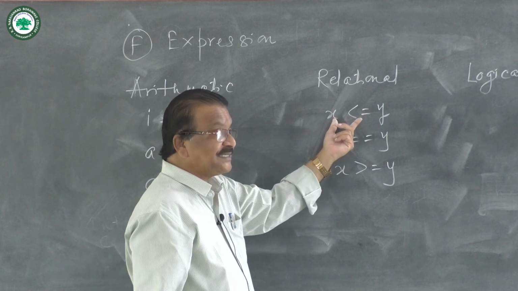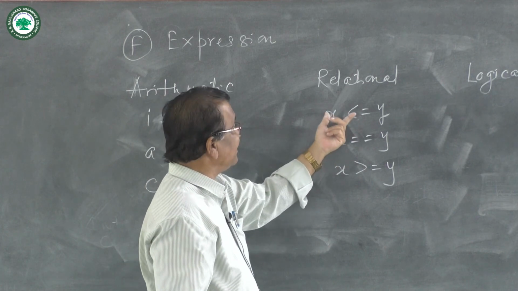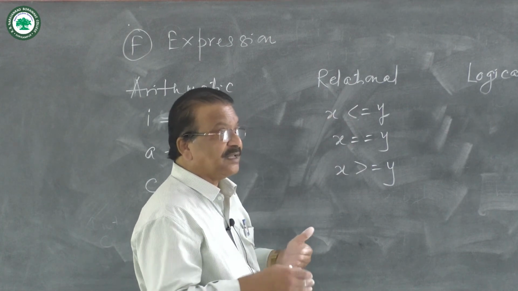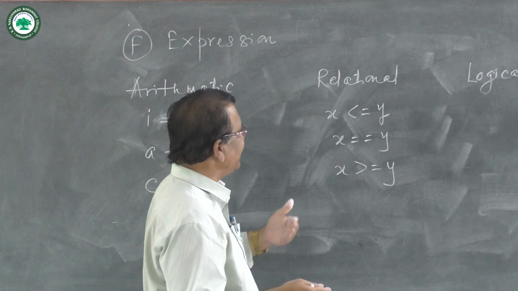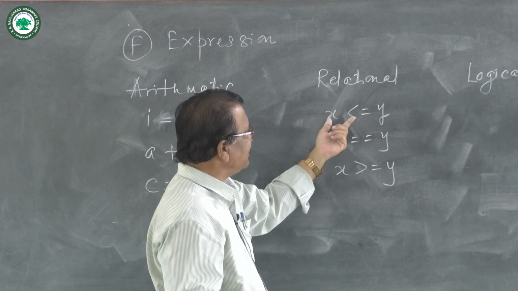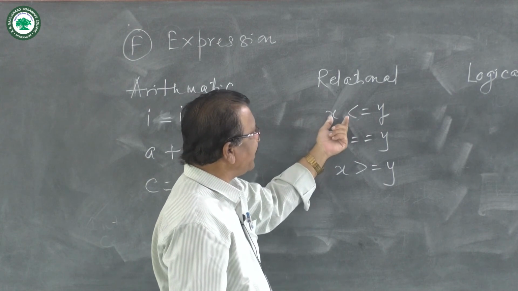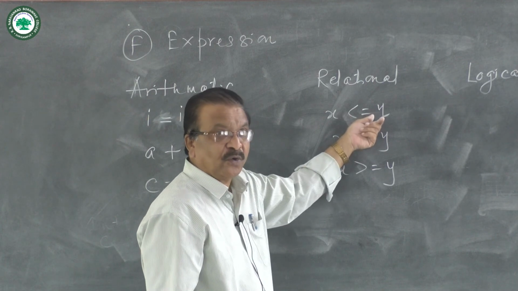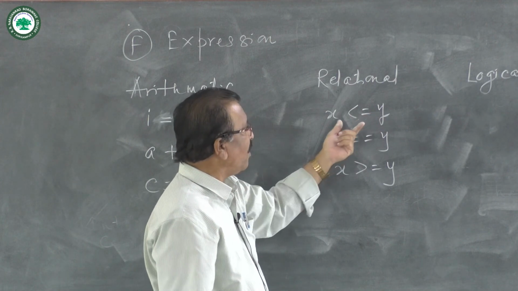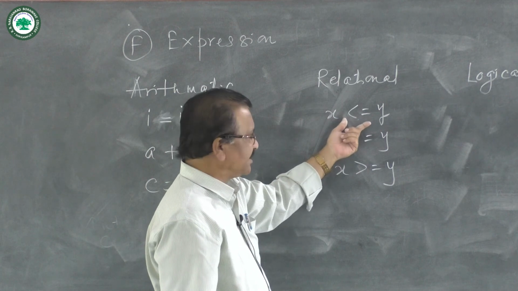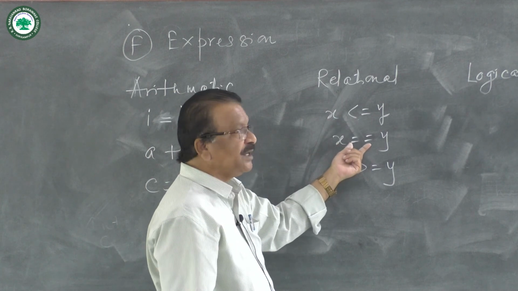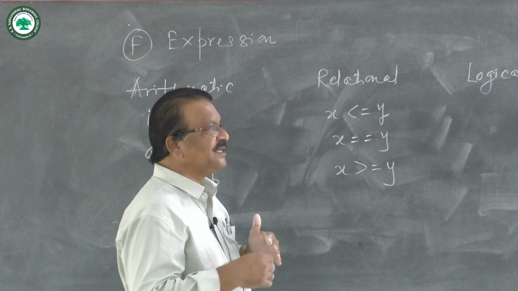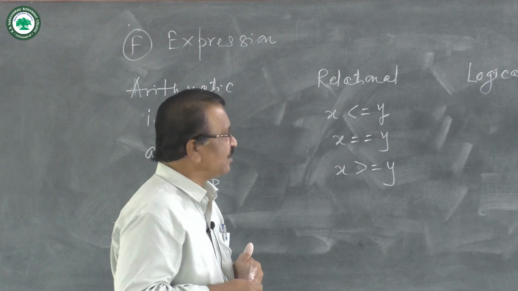These expressions are used to test the values of two variables. This is something like asking whether the value of x is less than or equal to y. The answer would be either yes or no, or true or false.